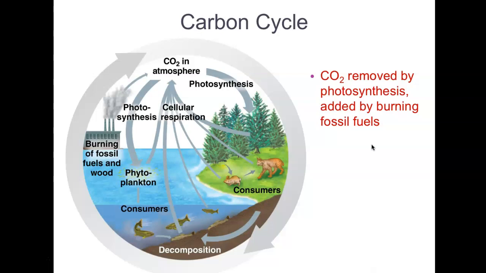The major reservoir for carbon is going to be found in fossil fuels, soil, sediments in aquatic ecosystems and oceans. It's also going to be found in plant and animal biomass, and then in the atmosphere. So those are all the different places you can find carbon dioxide.